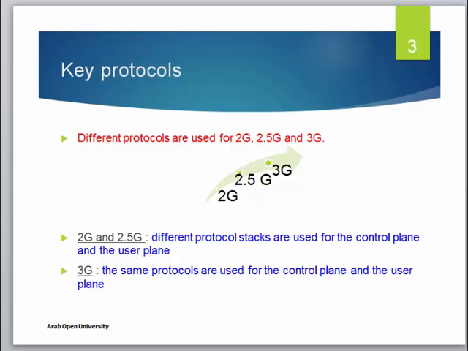It is important to know the difference between the control plane and the user plane. The control plane, as a definition, is the view of the network which describes the signaling protocols. The control plane is anything that does not use the data or is not related to the data.